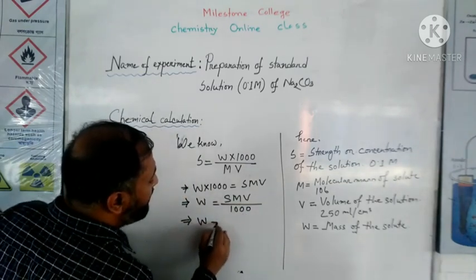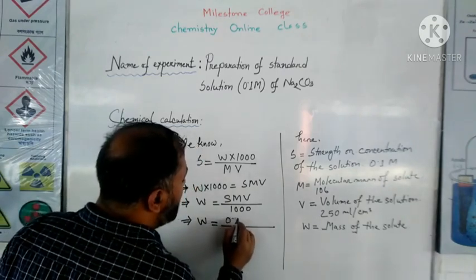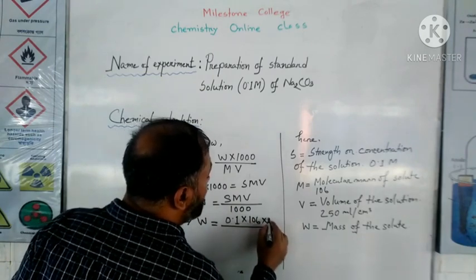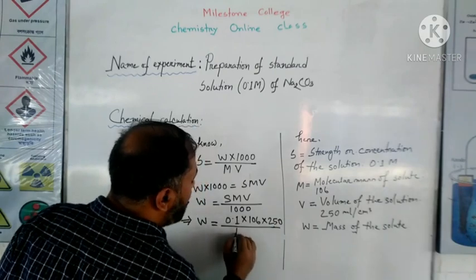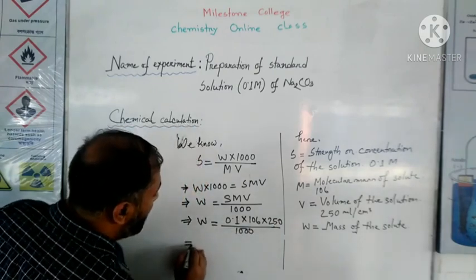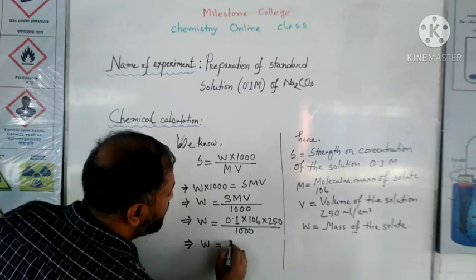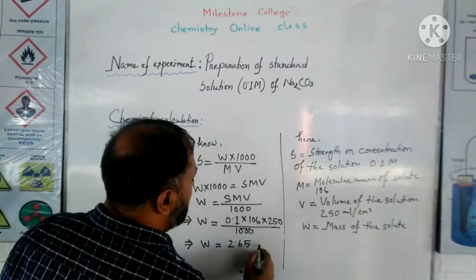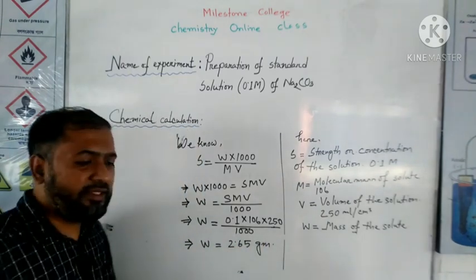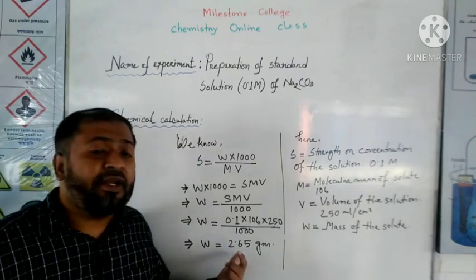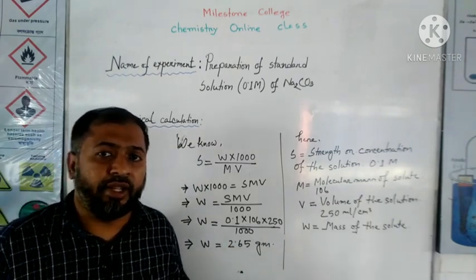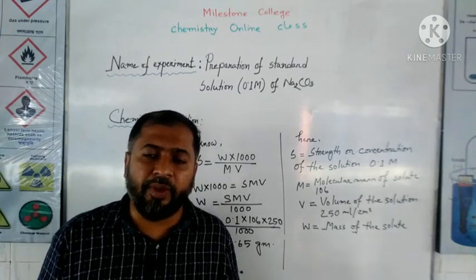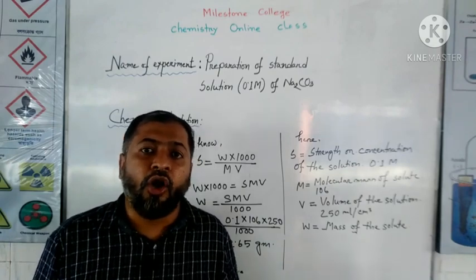Now W is equal to, as we know, S is equal to 0.1, M is 106 molecular mass, and volume of that solution is 250 ml, divided by 1000, or W is equal to 2.65 gram. That means if we take 2.65 gram of sodium carbonate in 250 ml solution, then the solution which we will prepare is 0.1 molar or decimolar sodium carbonate solution.